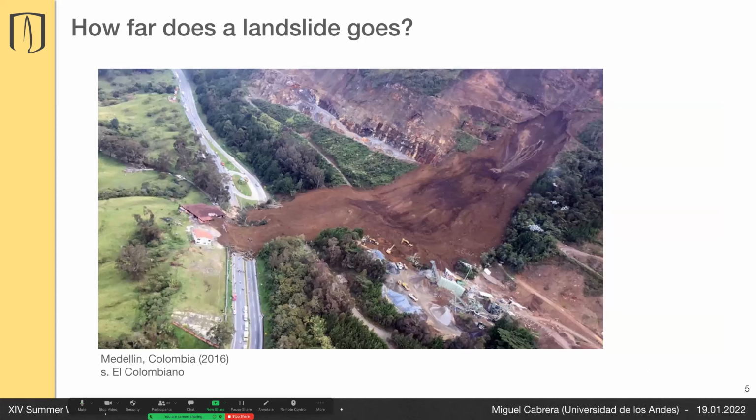Another example, calling attention to the importance of understanding the mobility of landslides, is this open mine next to a highway that connects Bogota with Medellin in Colombia. It's a very important highway where many goods are transported. And what you see is that a landslide started occurring here on the top.